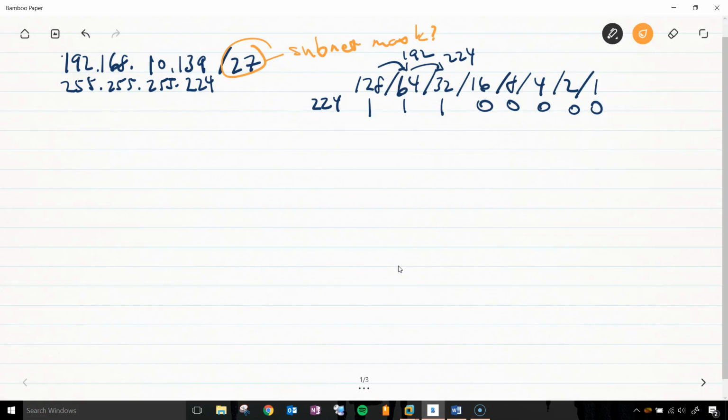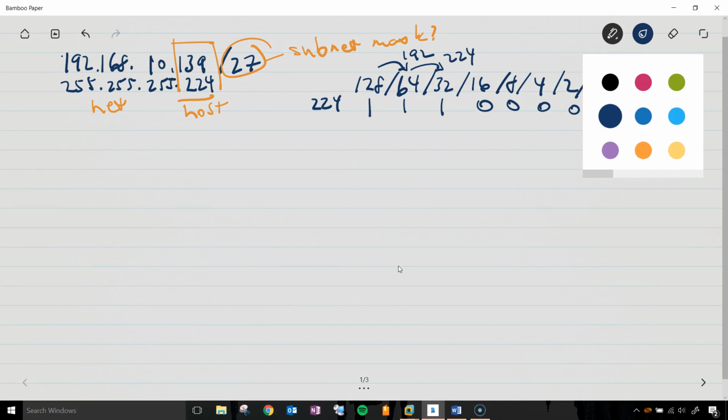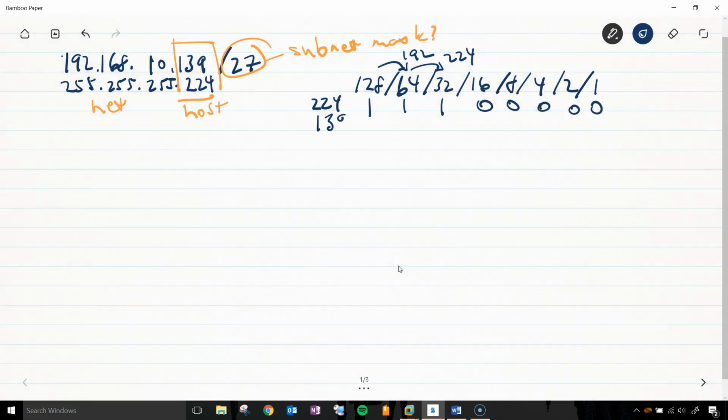So the next thing is to take the number directly over where the subnet mask splits between the network portion and the host portion and convert it to binary. So 139, we know that's 128. If we add 64 to 128, we would have 192, and that's too much. 128 plus 32 would be too much as well.